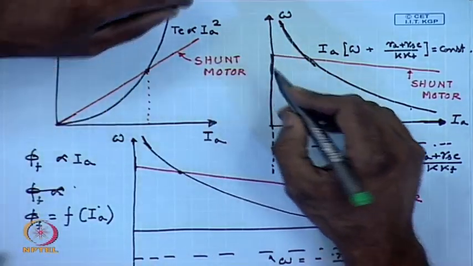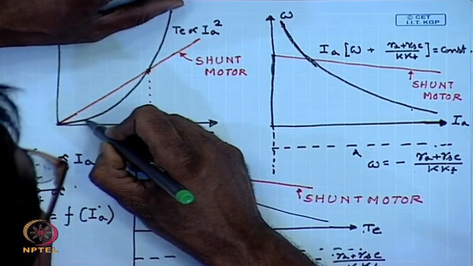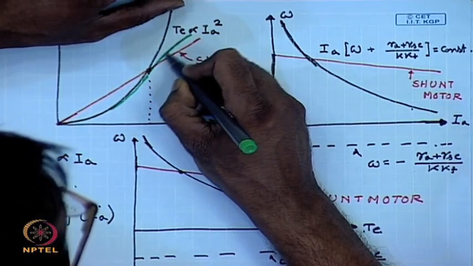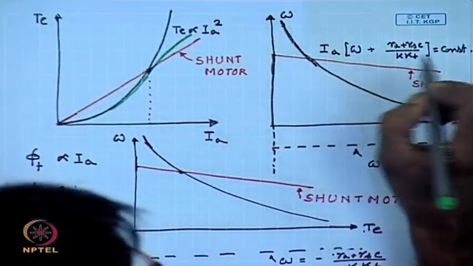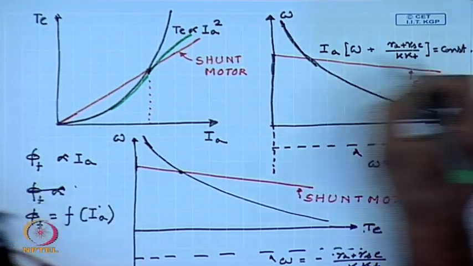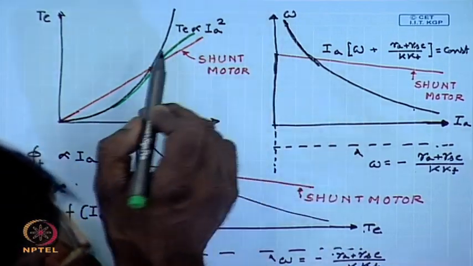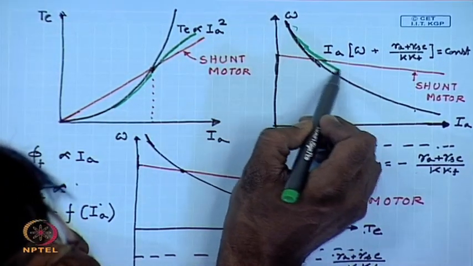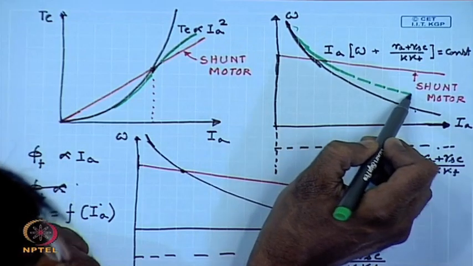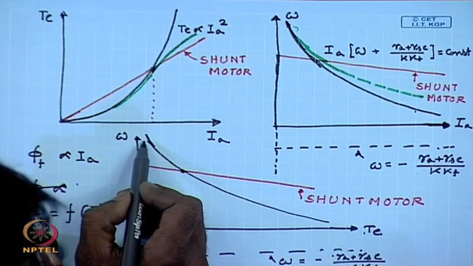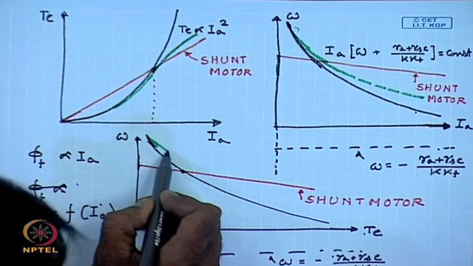For example, this torque current characteristic more or less approaches the shunt characteristics for large values of current. Similarly, the drop in speed is not as much if we consider the saturation. Drop in torque is also smaller.